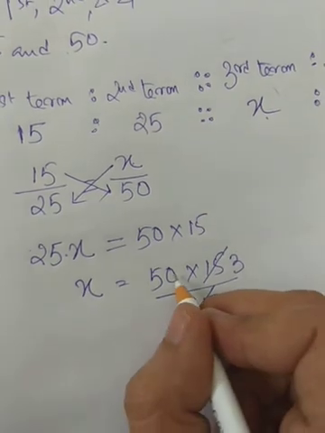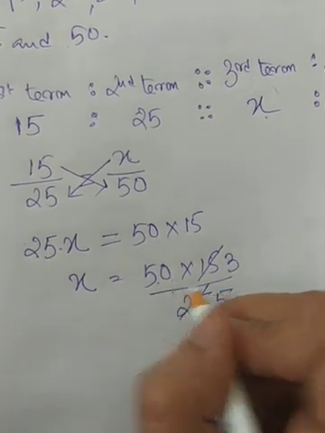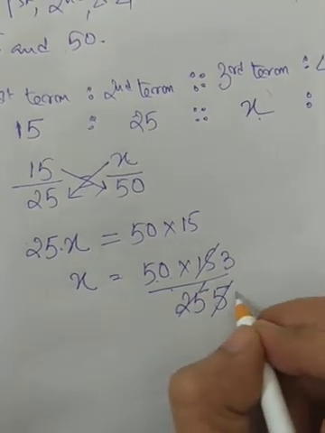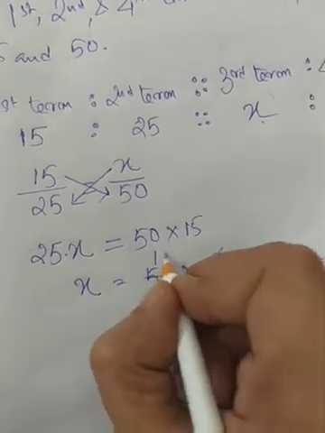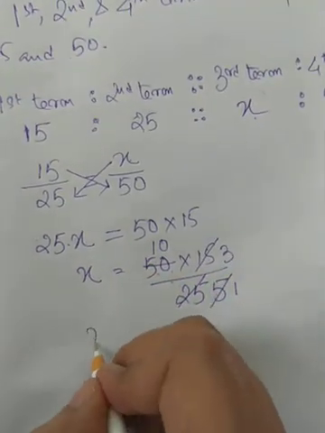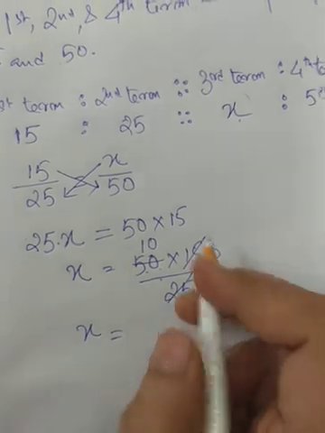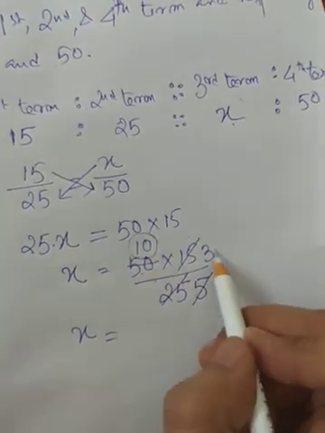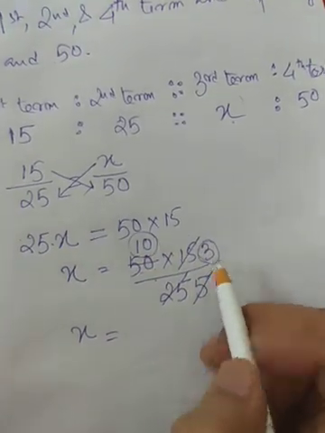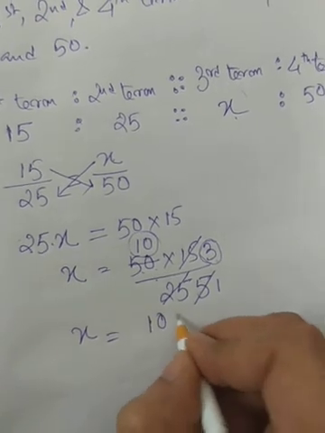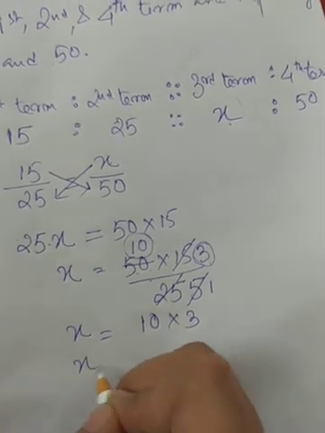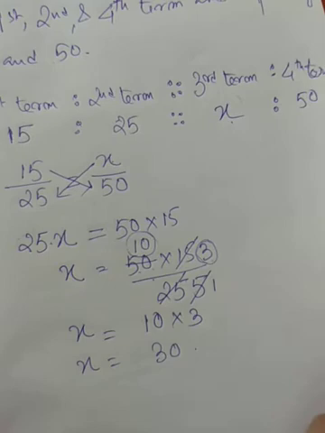Again, this 5 with this 5 we can cancel out 50. We know that 5 1s are 5 and 5 10s are 50. So what is the value of x? What is left here? This 10 and don't forget this 3. So 10 into 3 which gives 30.